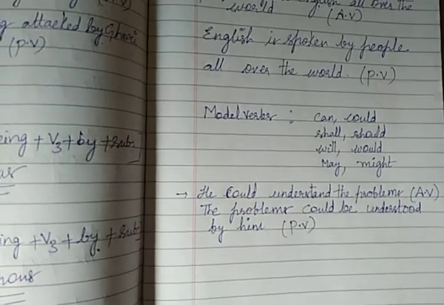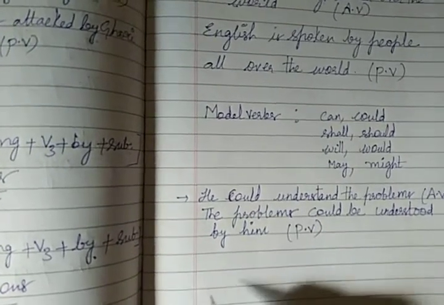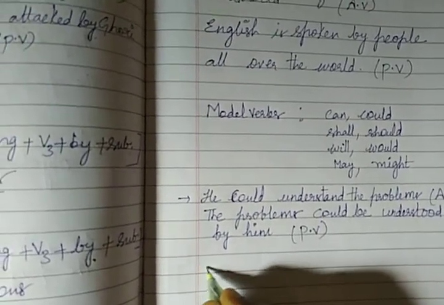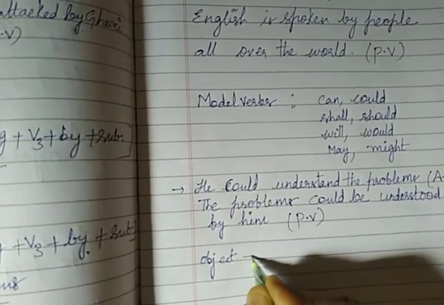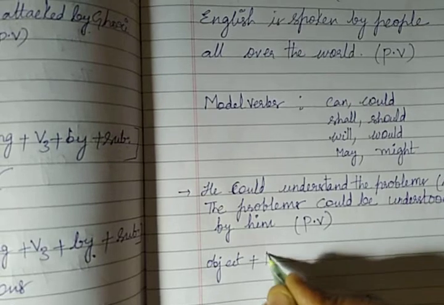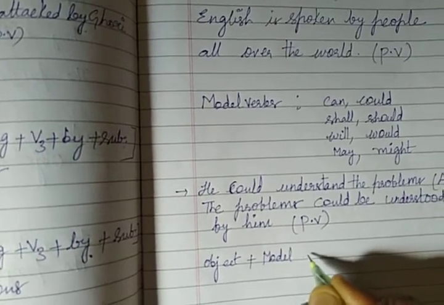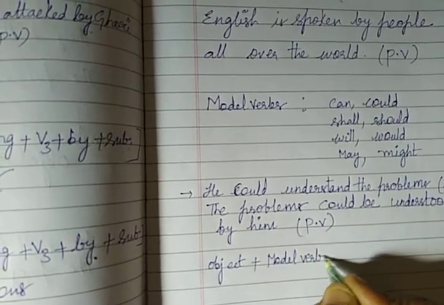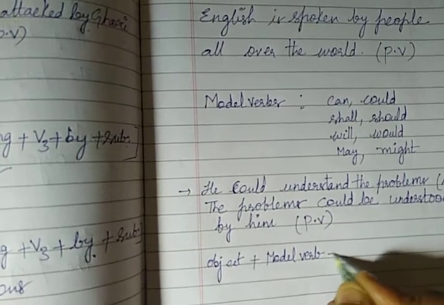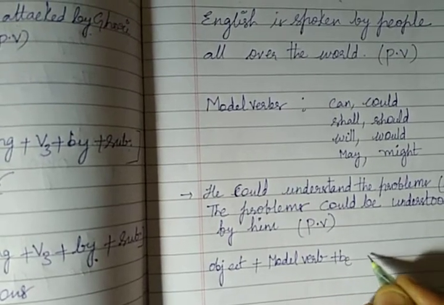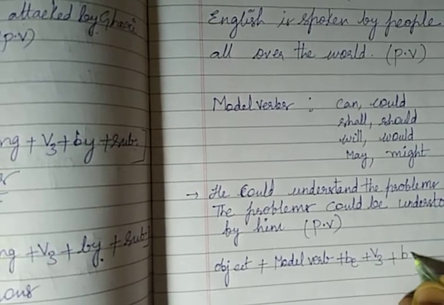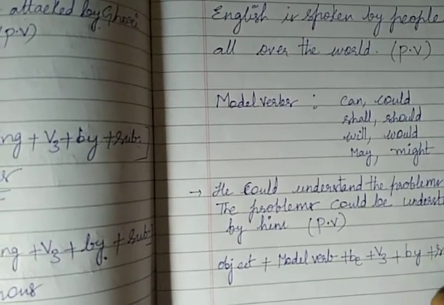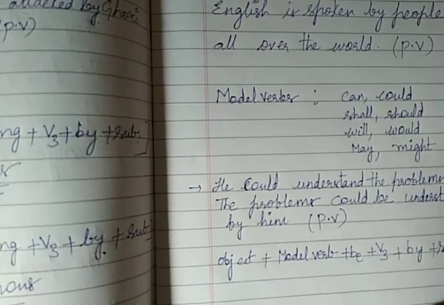So what is our formula over here? Object plus modal verb plus be plus V3 plus by plus subject. This is our formula.